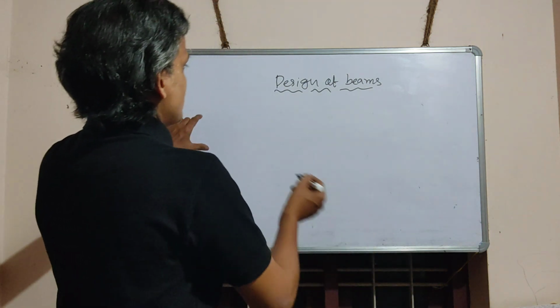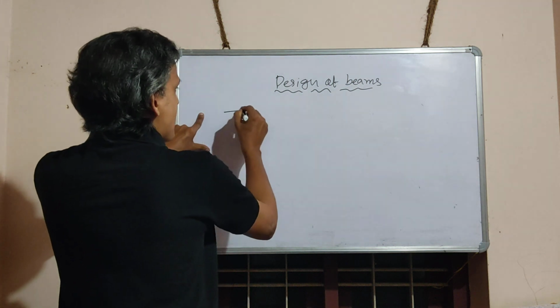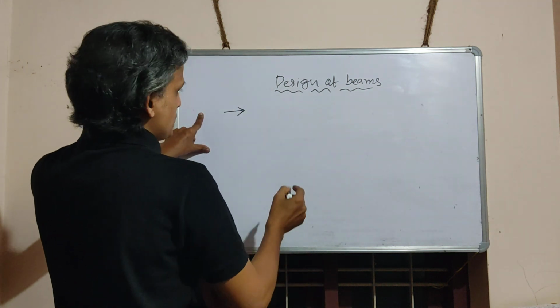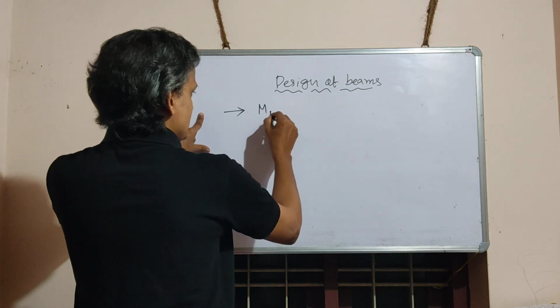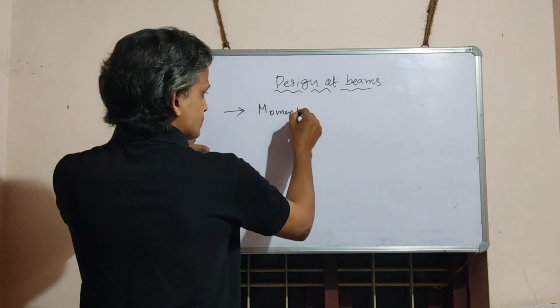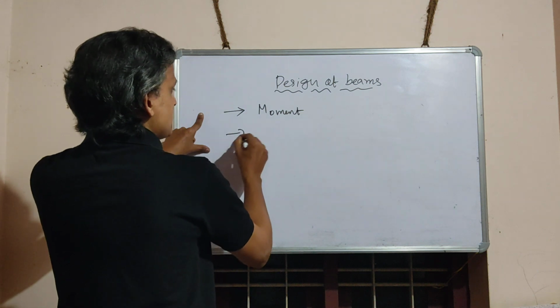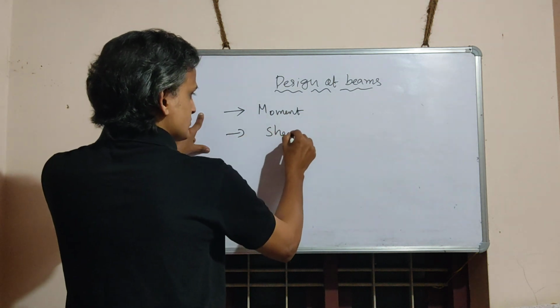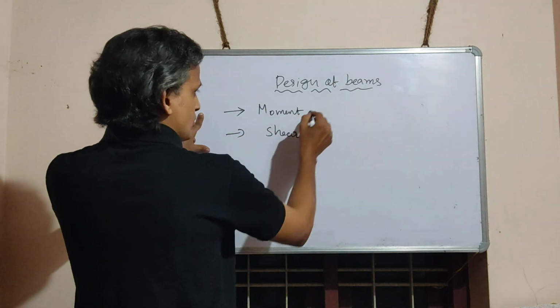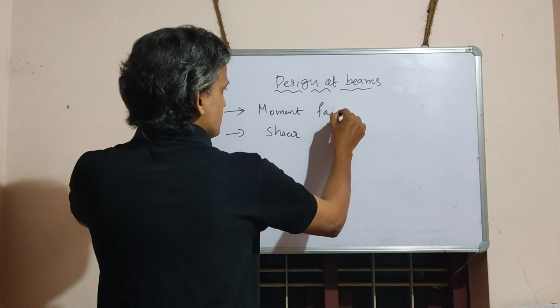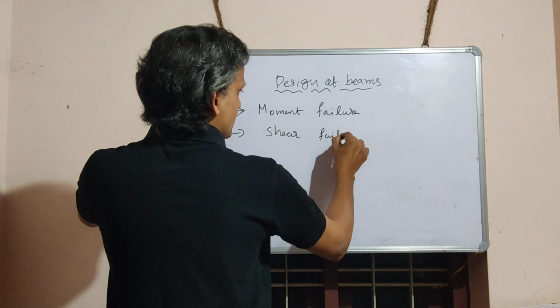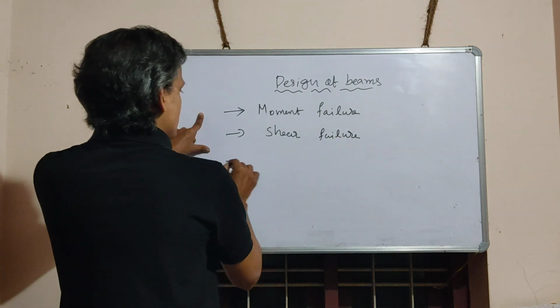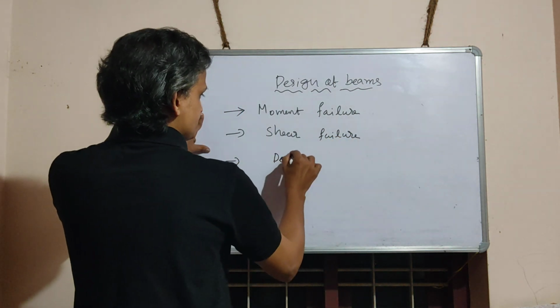As per IS 800, there are mainly 5 failure modes for a beam. First one is obviously moment capacity or bending failure. Then the second one is shear failure. Third one, deflection.